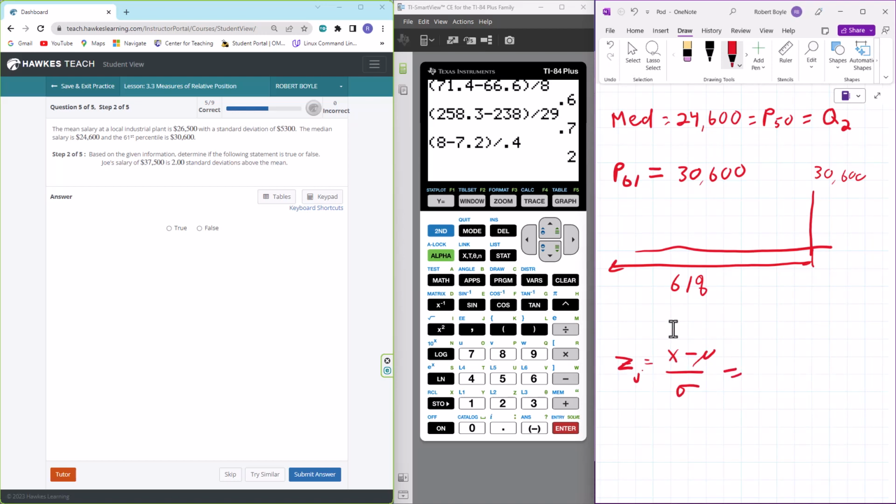This will tell us how many standard deviations the salary is from the mean. Now, his salary is $37,500. The mean is $26,500. Sorry, a little typo there. And then the standard deviation is 5,300.